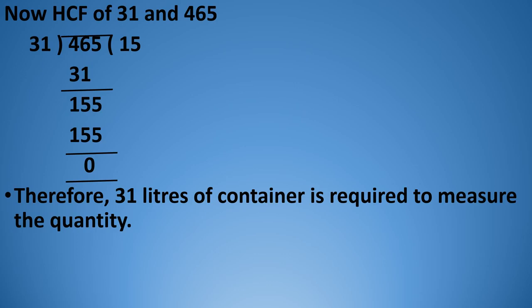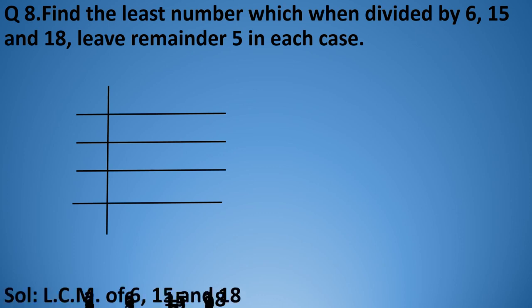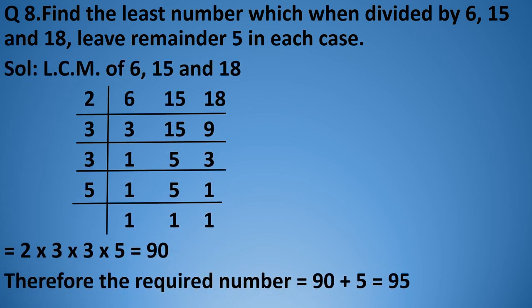Question number 8. Find the least number which when divided by 6, 15 and 18 leaves remainder 5 in each case. Same type of question I have given you today also in the homework. So find out the LCM of 6, 15 and 18 as the least number is asked. LCM is 90. And now you have to find the number which leaves remainder.